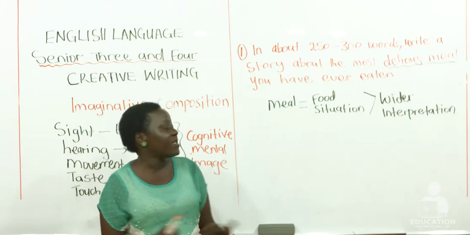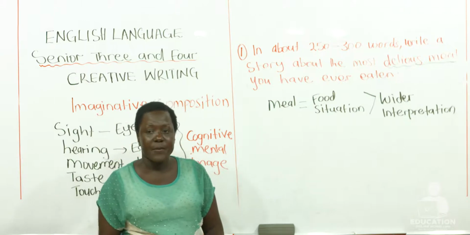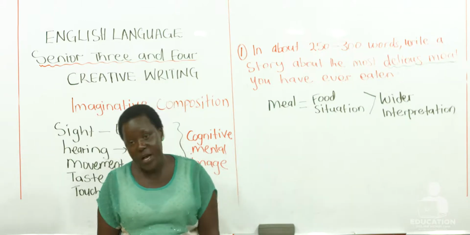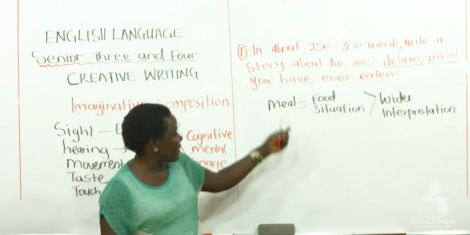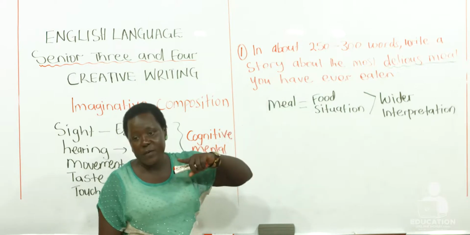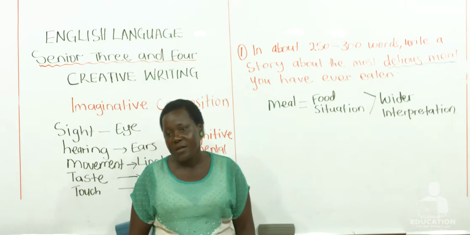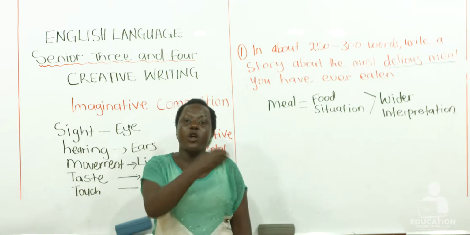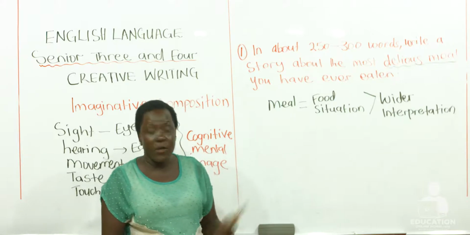And don't define key terms. If at all you want to define it, let it remain in your brain. Don't write the definition of the key term, unlike in the two types which we saw in the previous lesson. So this can be one of the imaginative compositions. You might not even have eaten any delicious meal in your life, but still, because of creativity, write it. Write something.